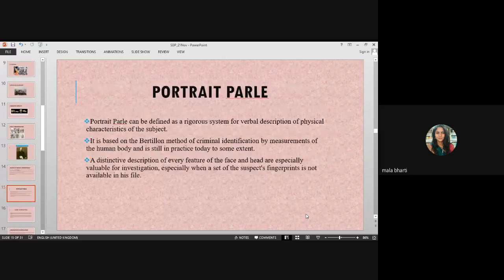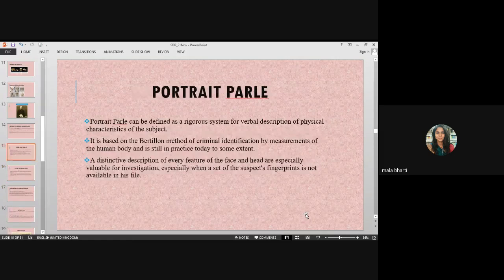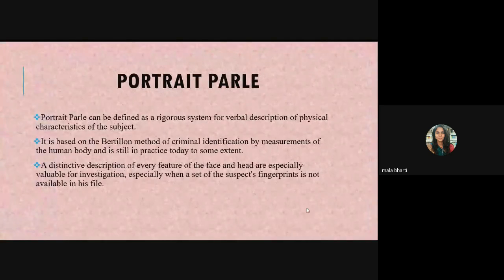Then another person I would like to introduce is Bertillon. Bertillon gave the portrait parlé, right? And this was again one of the first works done in the field of identification.